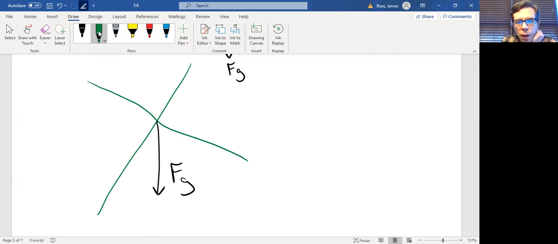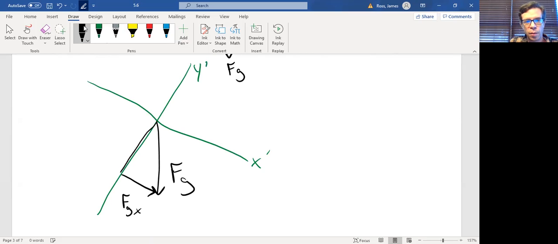Remember we said that your components always have to be perpendicular to your axes. So my x component of gravity is going to look like this, and my y component of gravity is going to look like this, putting a right angle right here so that my hypotenuse is the total vector.